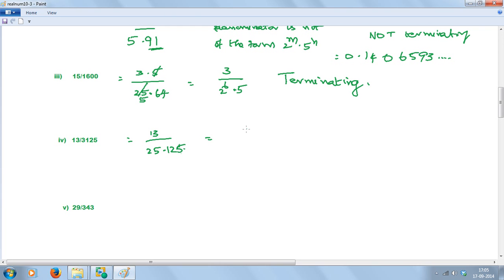Is equal to 13 divided by, this is 5 square, this is 5 cube, so it is 5 to the power of 5. Now, in this case, we may get a doubt whether it is terminating or not. So we will actually divide it and check.